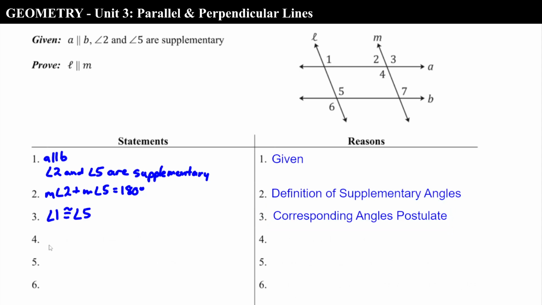So since we know that 1 is congruent to 5, we can plug in the measure of angle 1 in place of the measure of angle 5. And that is the substitution property.